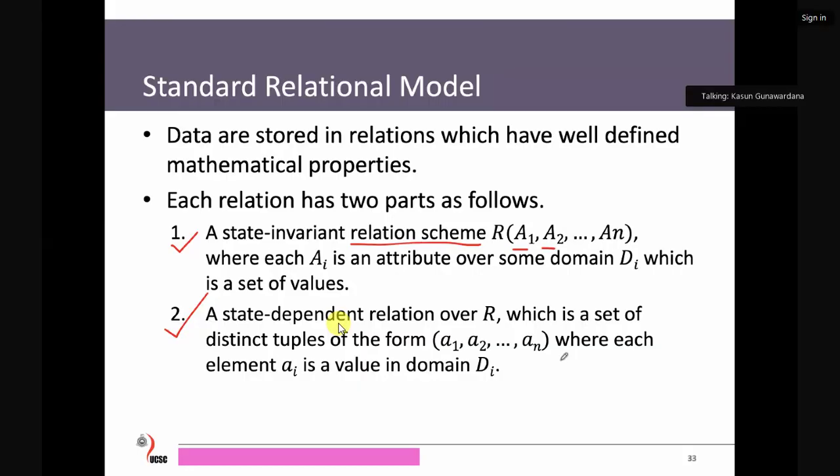The second part is the state dependent relation, which is about the data it has stored. From time to time, the data might be different; that's why we call it state dependent. It should contain the number of attributes defined in the relation scheme and the corresponding values, as distinct tuples in the form A1 to An.